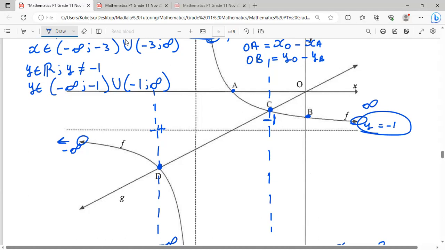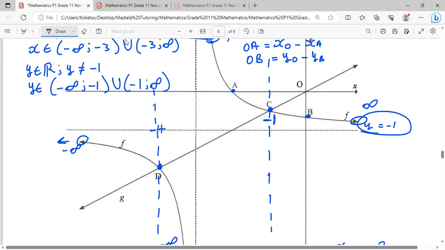So let's look at the first interval, this one. We can see that from negative infinity up until -4, the function f is above the function g. So meaning f of x is greater than g of x. But now we see that at exactly -4, the two functions are equal. So meaning this is the first solution.